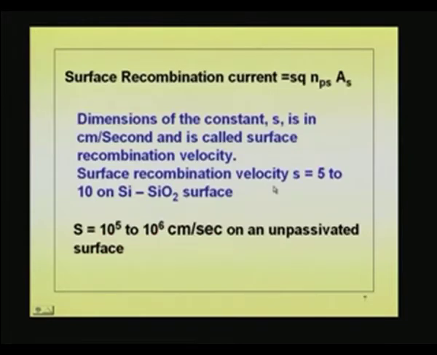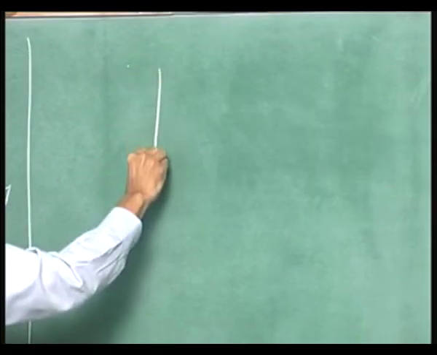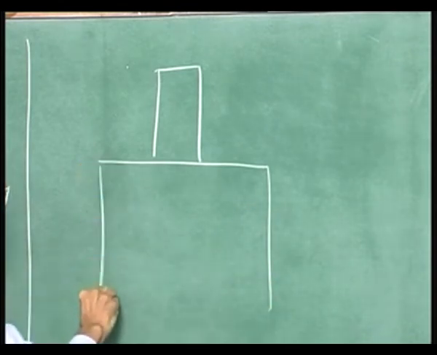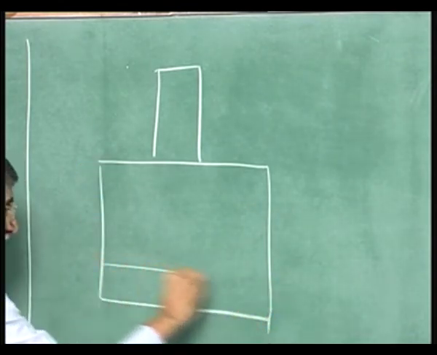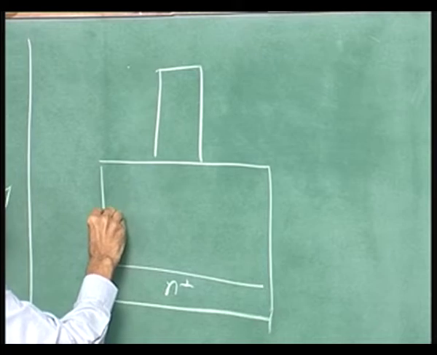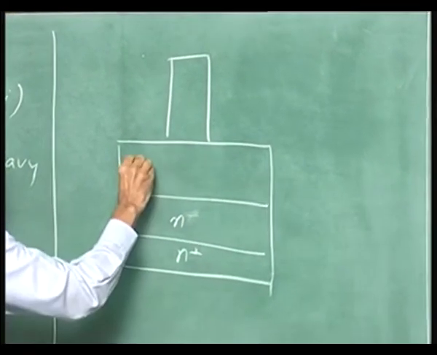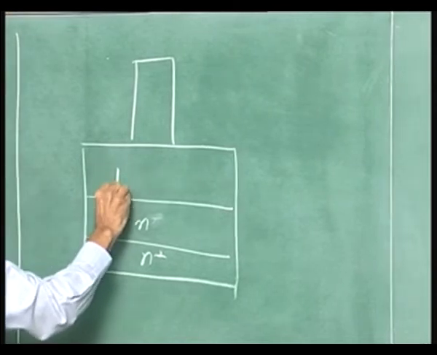So, what we said further is that what we have not considered is the recombination on the surface. Let me just draw the diagram instead of going back and forth. N plus, N minus or N, and then the P base.